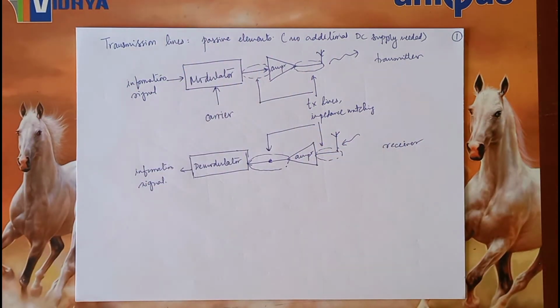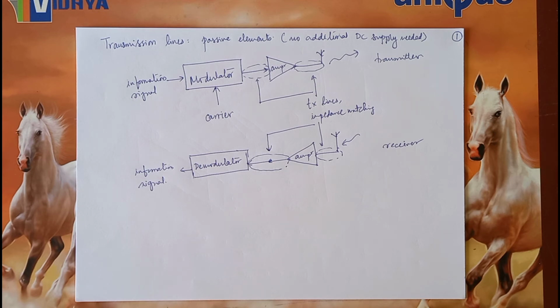Now this is a very simplified version of what a transmitter and receiver look like. In reality there are many more blocks. So in those blocks you may often need power dividers, power combiners, hybrids, coupling structures, and more.